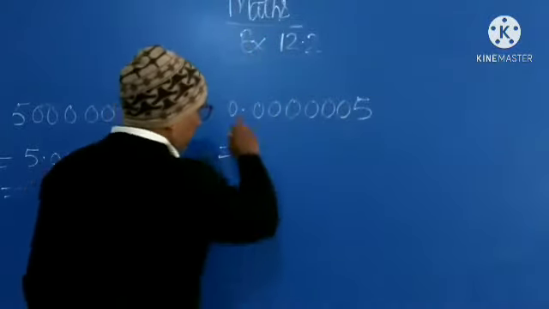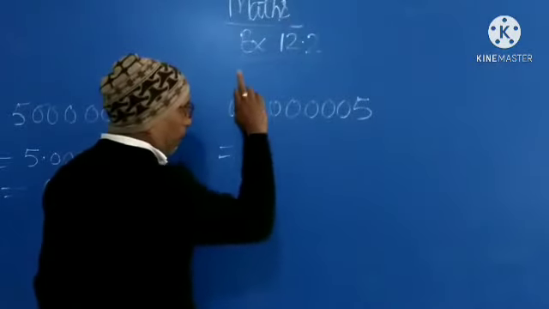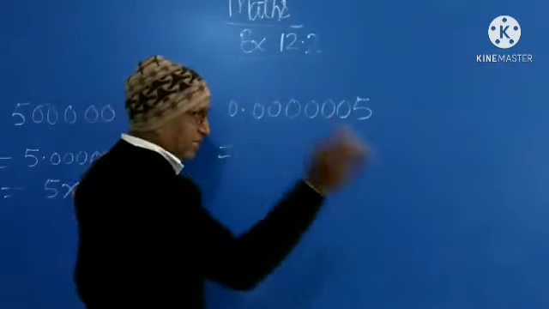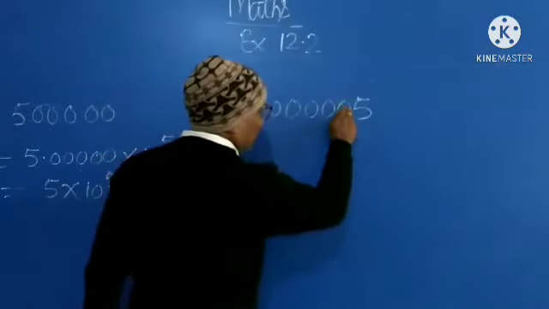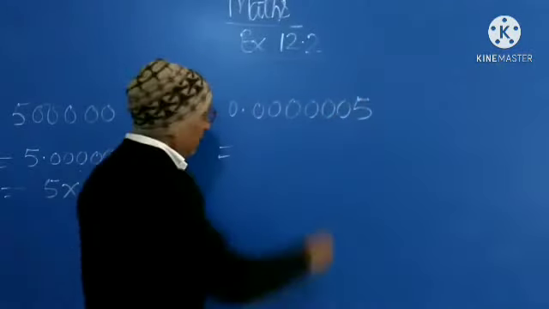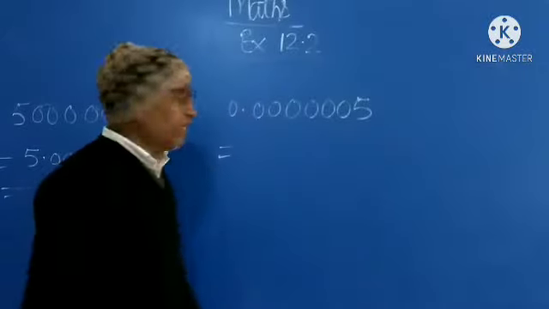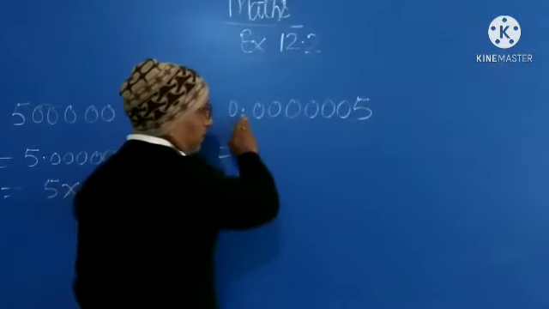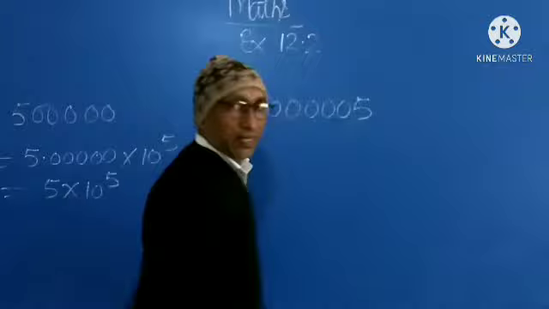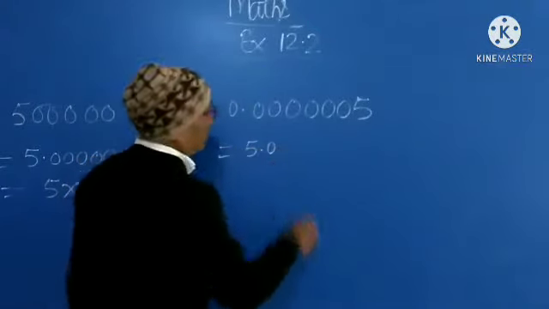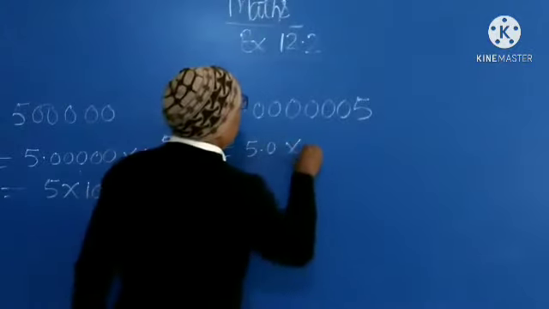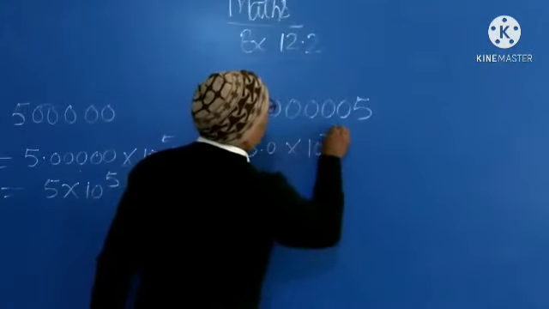How many places? 1, 2, 3, 4, 5, 6, 7. Then this will become 5. This means you shift the decimal place 7 digits right. Then this will become 5.0 into 10 to power minus 7.